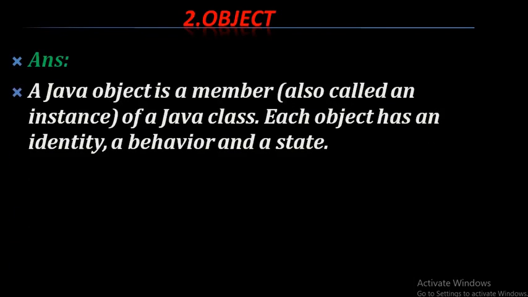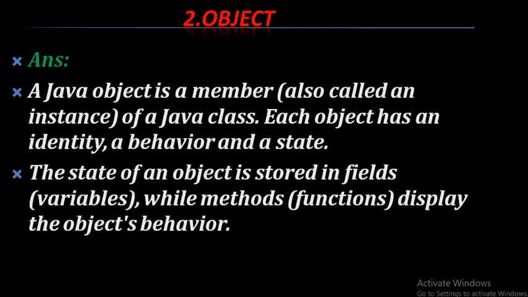Then what is an object? A Java object is a member, also called an instance, of a Java class. Each object has an identity, a behavior and a state.